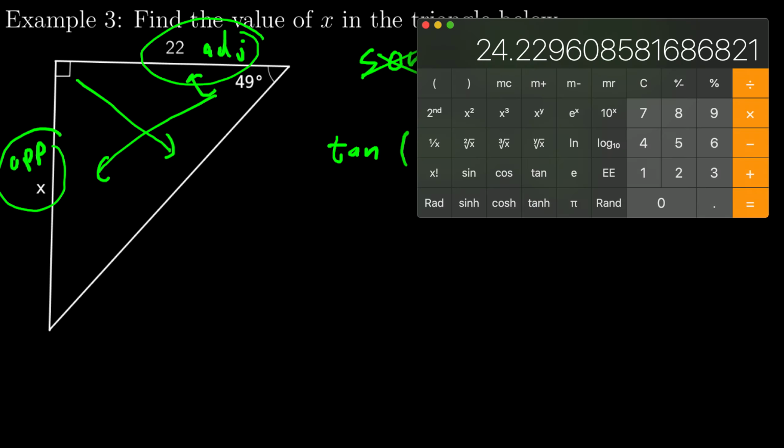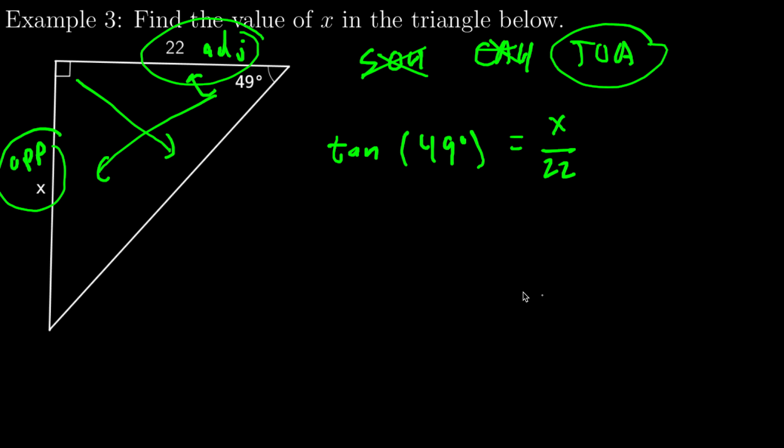Run over to my calculator and find the tangent of 49 degrees. I get 1.15037. So 1.15037 equals x over 22. And I will set up the proportion and cross multiply.